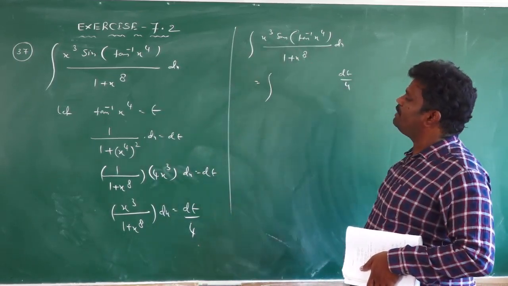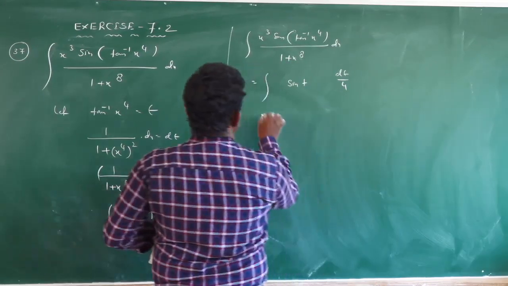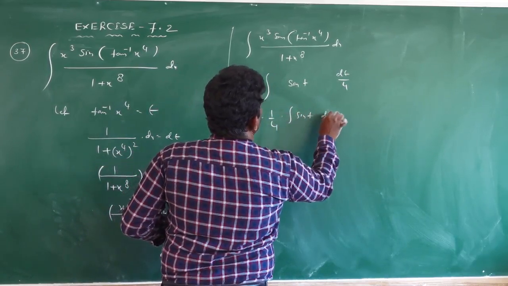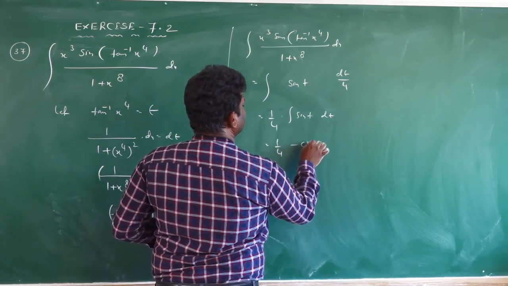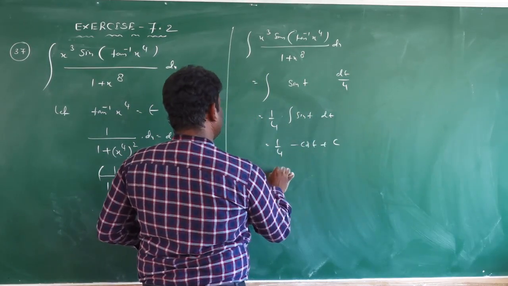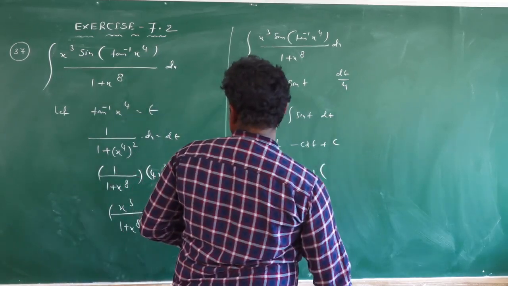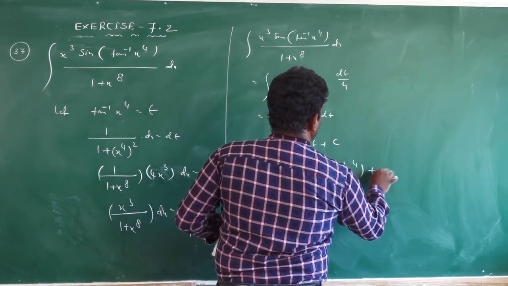The remaining sine of tan inverse of x power 4 is sine t. That is equal to 1 by 4 integral sine t dt, which is 1 by 4 into minus cos t plus c. That is equal to minus 1 by 4 cos of tan inverse of x power 4 plus c.